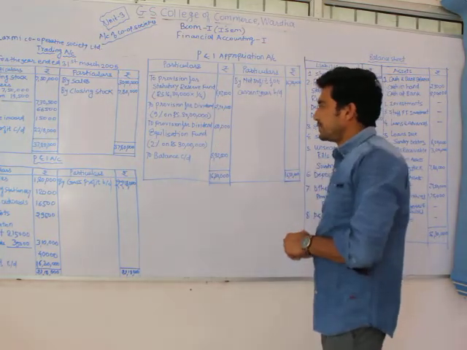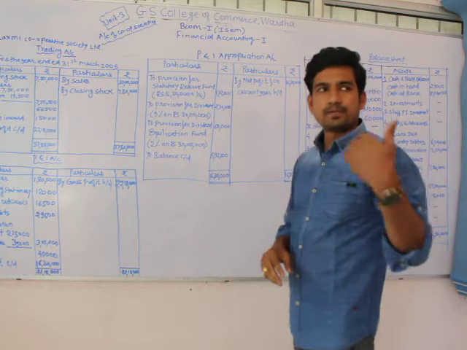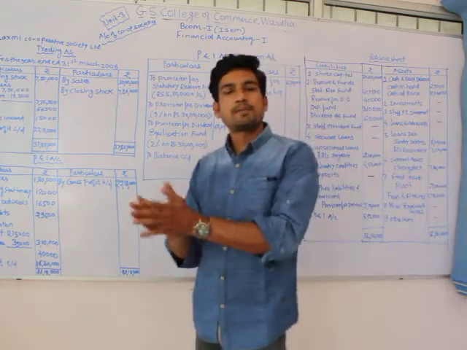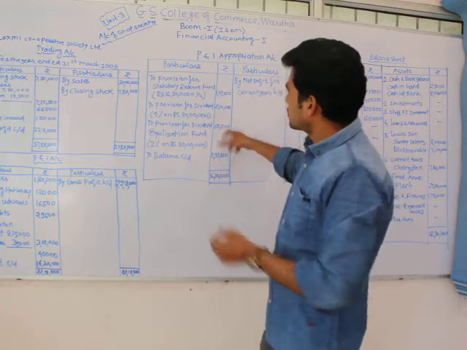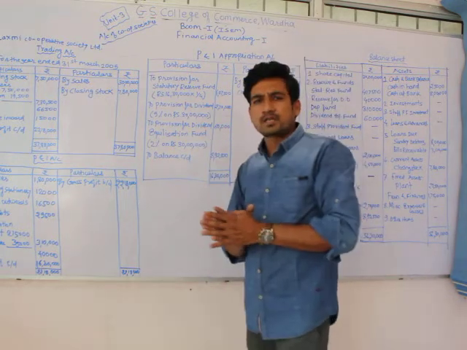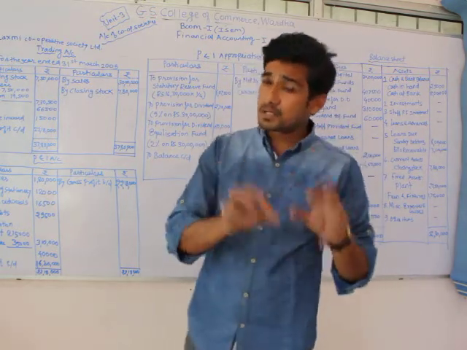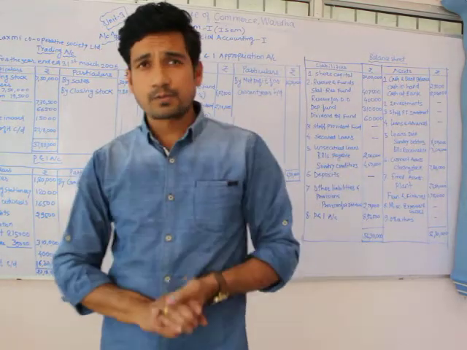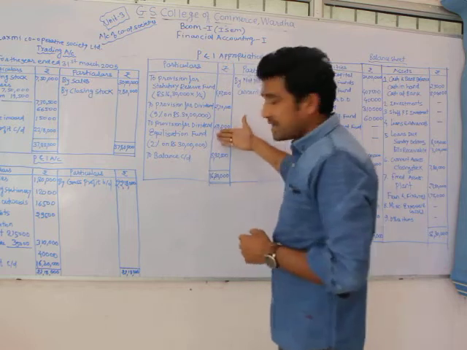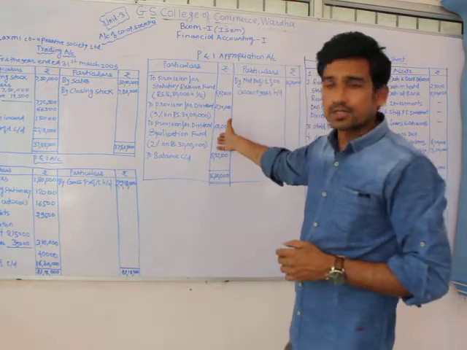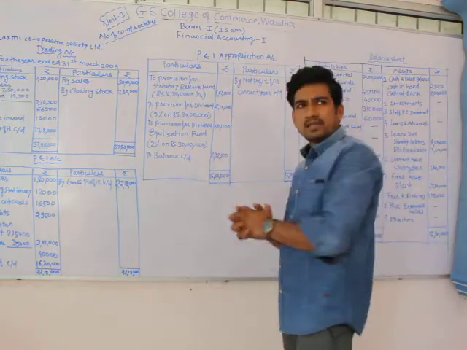Then provision for dividend equalization fund, again it should be 2% of share capital. 2% of 30 lakhs is 60,000. So these are the statutory provisions and some provisions which have been asked by this particular problem of Lakshmi Cooperative Society Limited. So we did the calculations here. Now again we are going to balance these two sides.